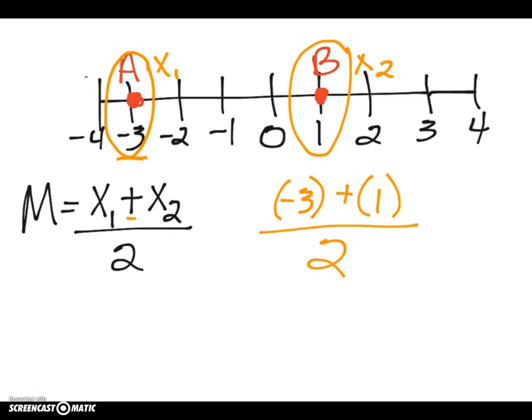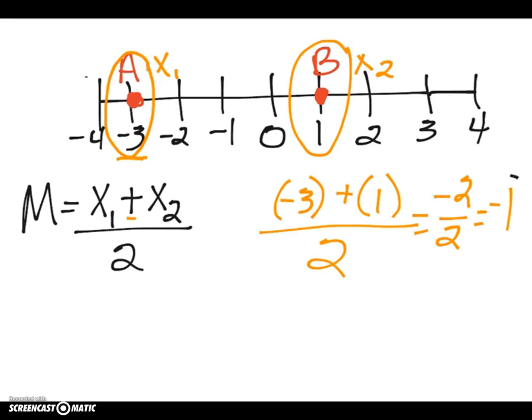It's important to remember that this is a plus sign here in the middle, because what we're actually doing is finding the average, and when you find the average of two numbers, that's exactly the center of those two numbers. So -3 plus 1 is going to be -2. This is over 2, and when we reduce that, it will be -1.